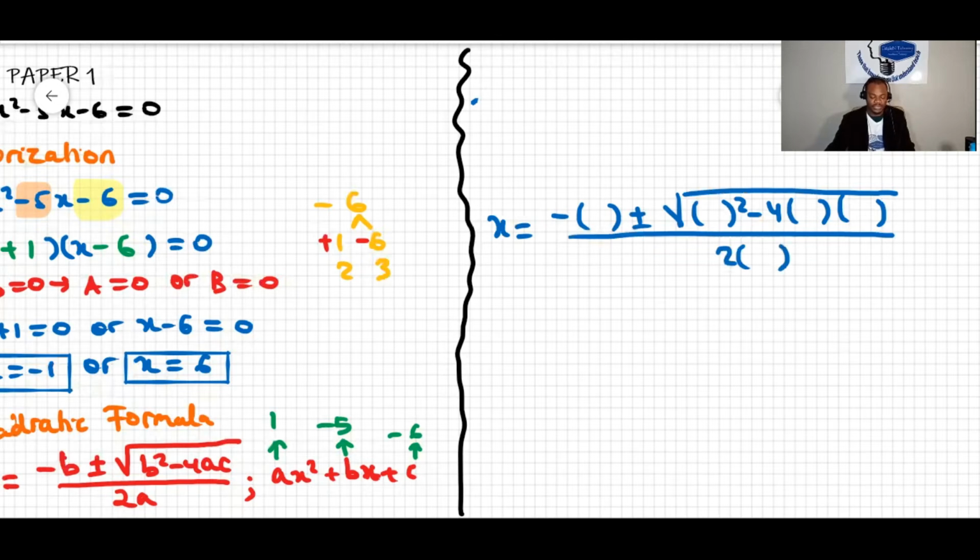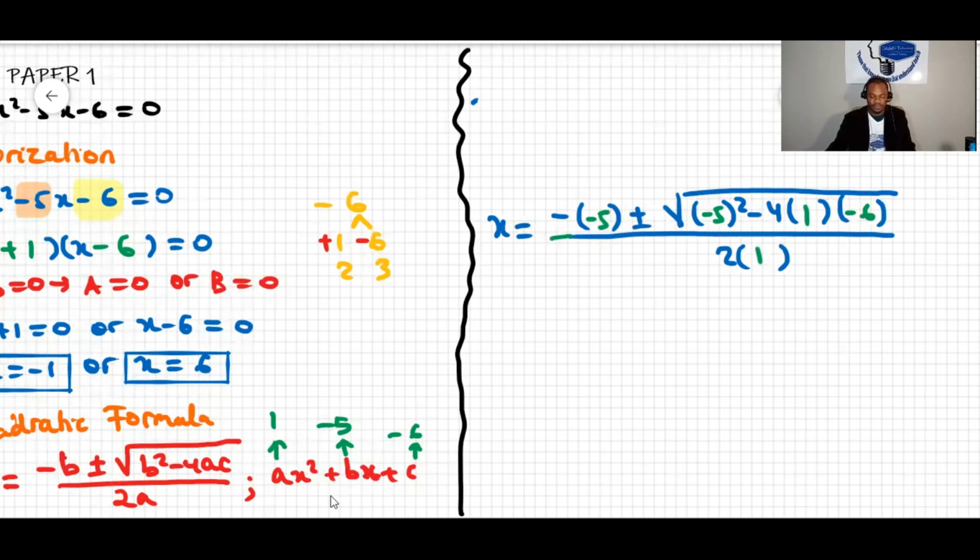Then we substitute these values. So it's minus b, b is equal to negative 5, and then b squared minus 4, a is 1, c is negative 6, and then over 2a.